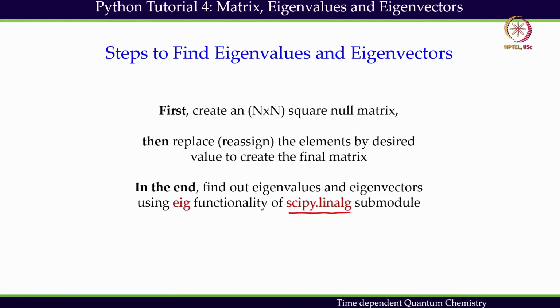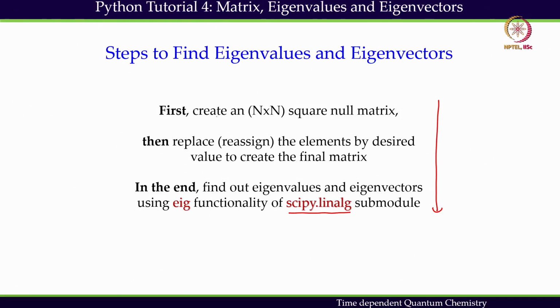There are many other ways, but here we will consistently use these steps to represent a matrix and then find its eigenvalues and eigenvectors. So, what are the steps?